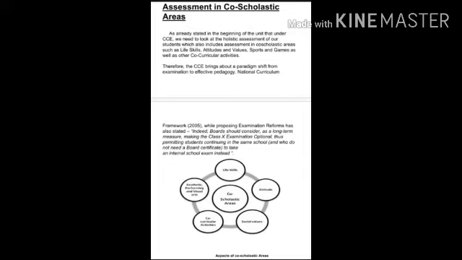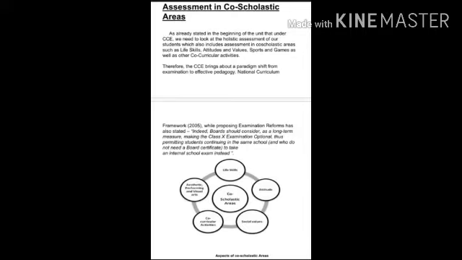This is a figure of aspects of co-scholastic areas. The CCE is an effective tool to enhance the quality of the teaching learning process in the school. The emphasis is now on ensuring that every child acquires not only the knowledge and skills but also the ability to use these competencies in real life situations.